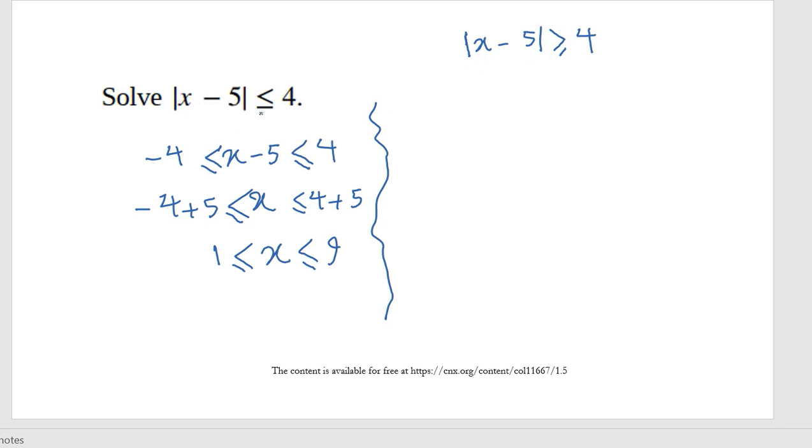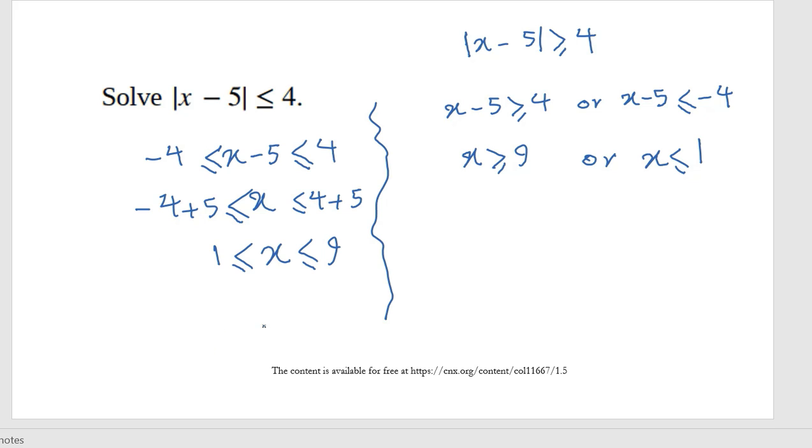So this one was less than or equal to 4. This one is more than or equal to 4. In this case, x minus 5 is more than or equal to 4, or x minus 5 is less than or equal to negative 4. Here, x is more than or equal to 9, or x is less than or equal to 1.